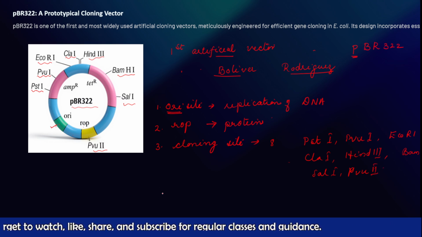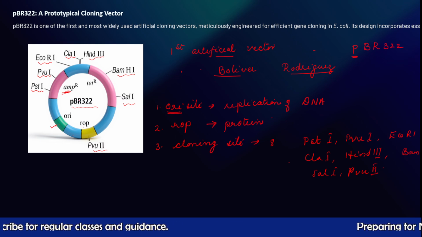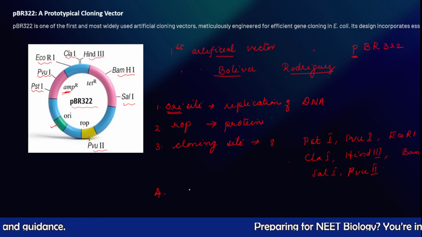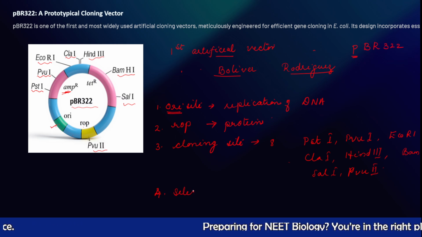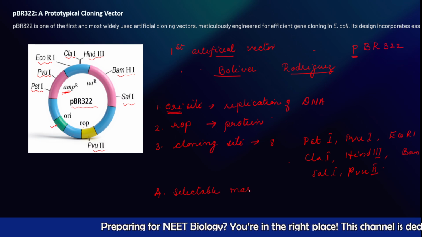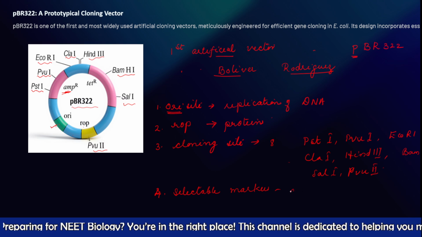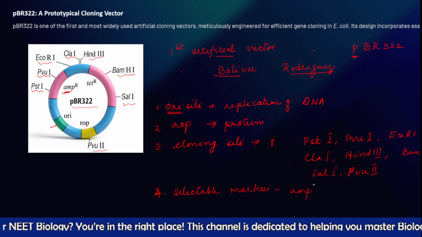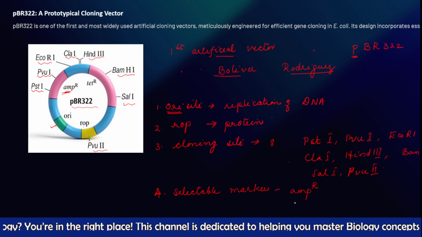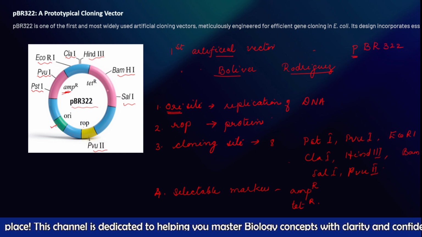Now internally, you can see the pink color structure. This is one of the selectable markers, the ampicillin resistant selectable marker. The selectable markers present in pBR322: one is the ampicillin resistant gene and another is the tetracycline resistant gene.